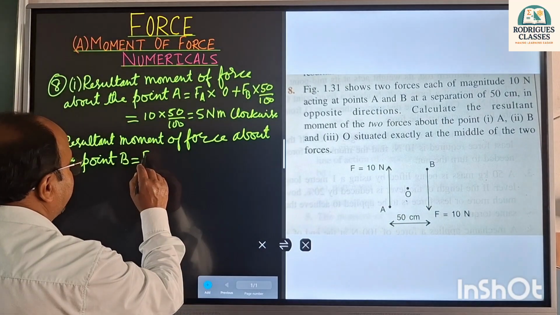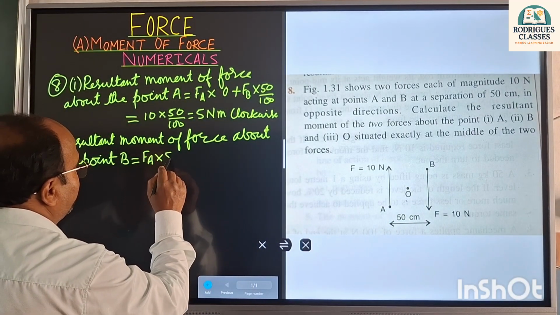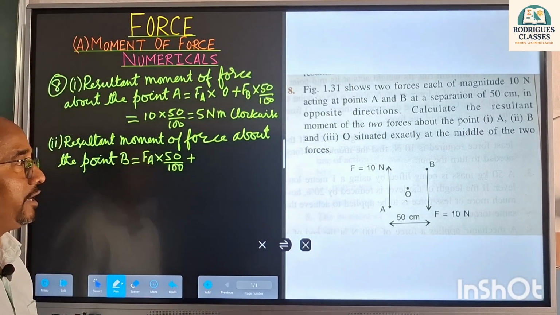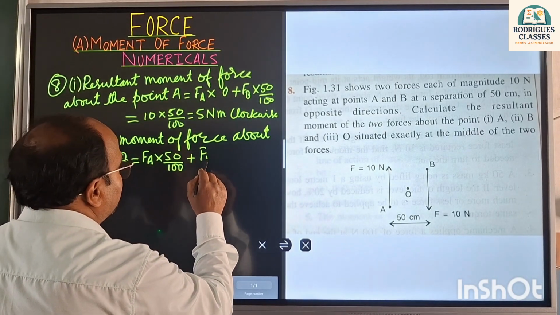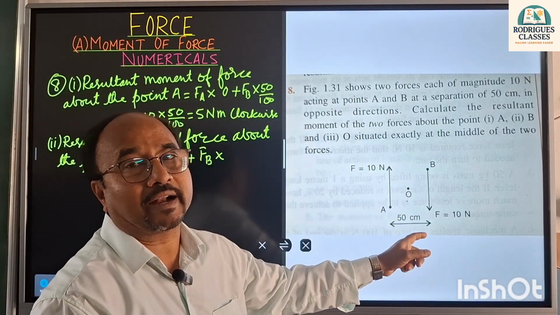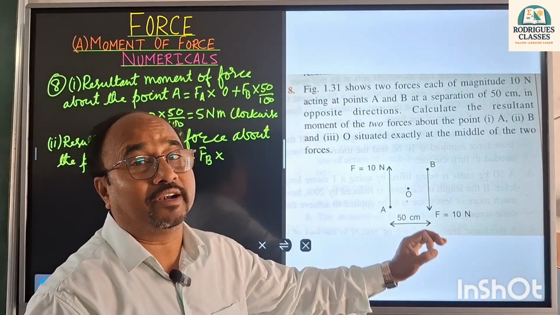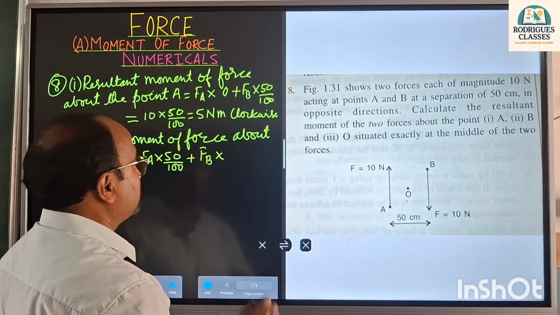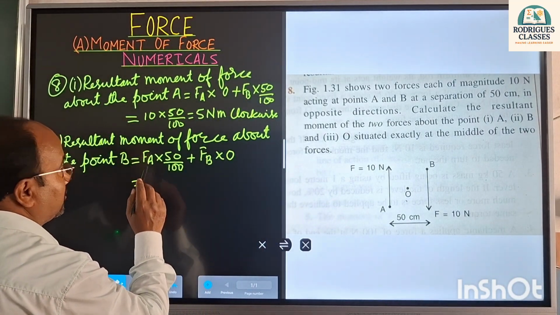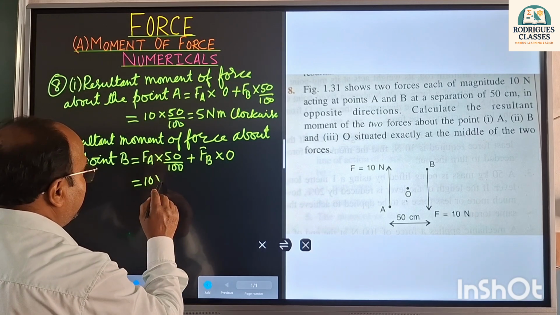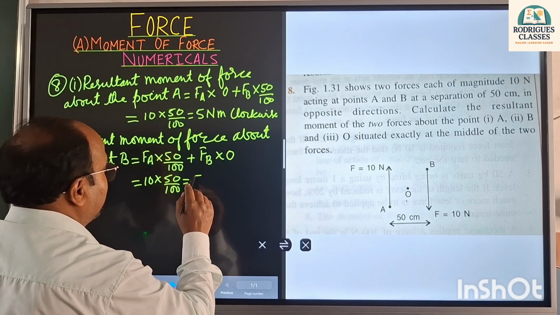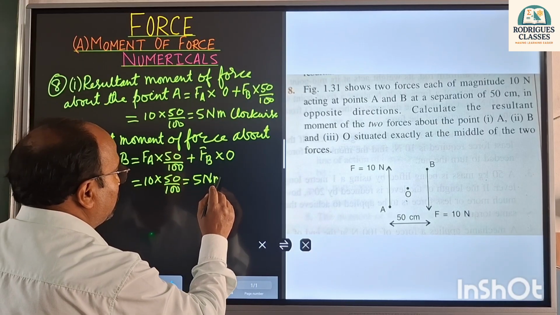So I will write here Fa into 50 by 100, converting it into the SI unit, and for the force at B, the point of application and the pivot point are the same, so it becomes 0. Now if I put the value, this is given to us, 10 into 50 by 100, so that comes to 5 Newton meter.